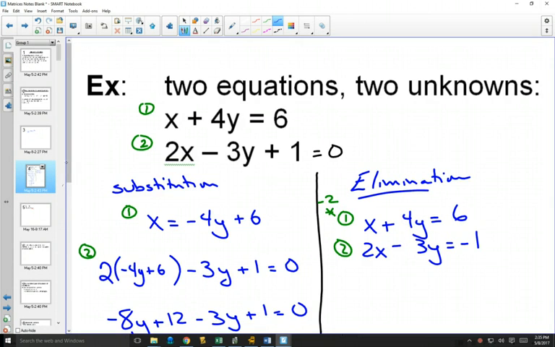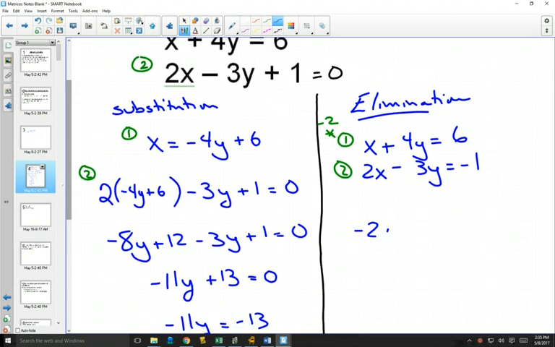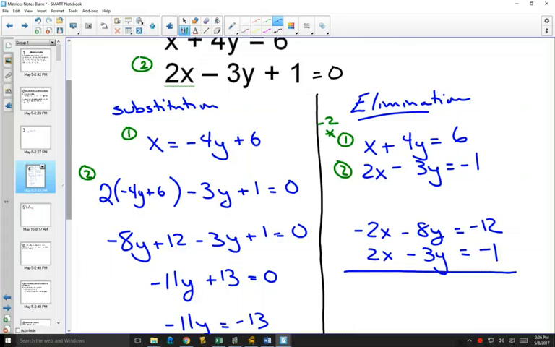I'll rewrite equation 1 and equation 2. The coefficient in front of x is now going to be exactly the same as the second equation, except one of them is positive and one of them is negative. Negative 2 and positive 2. Because now I can take equation 1 and equation 2 and add them together.